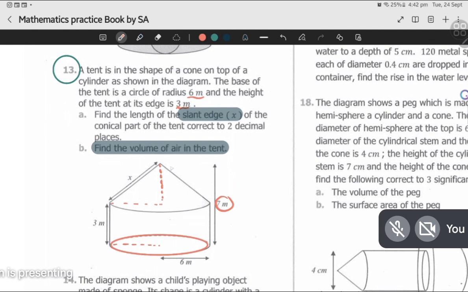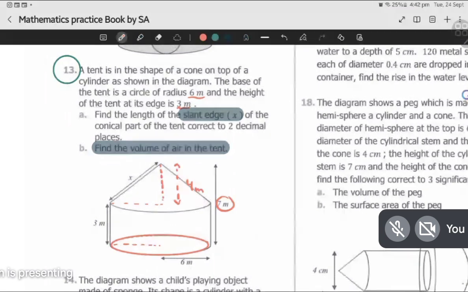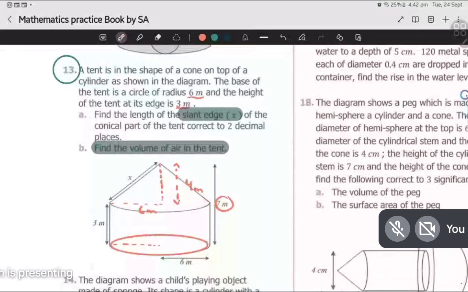Can we say that the height of this cone is 4 meters? Yes. And the radius is how much? 6 meters. Can we see that this is a right angled triangle?